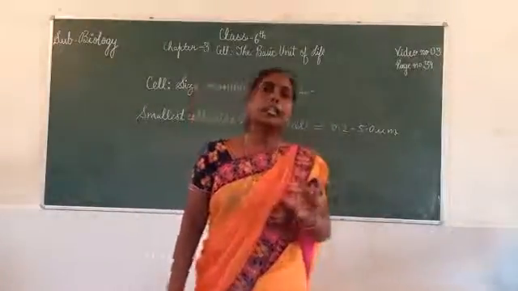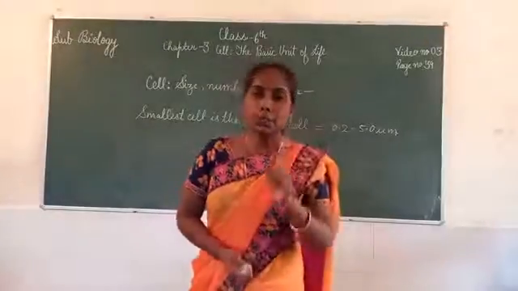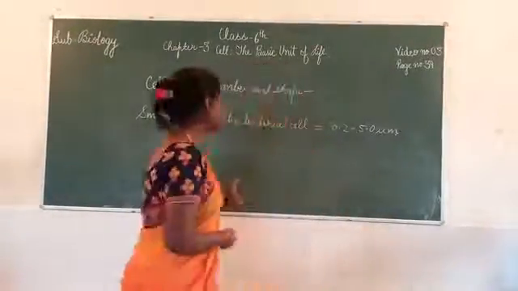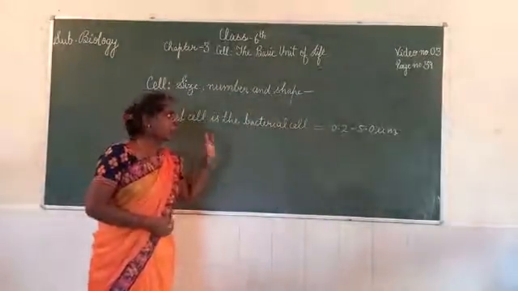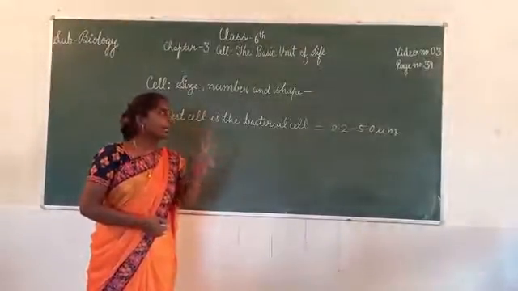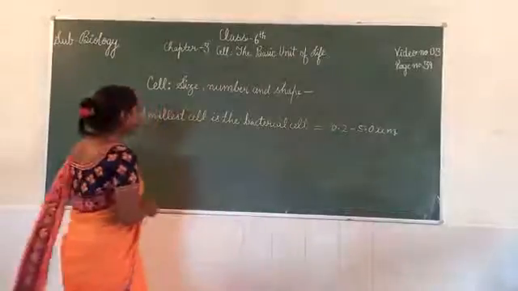So the smallest cell is the bacterial cell, which is 0.2 to 5.0 micrometers.